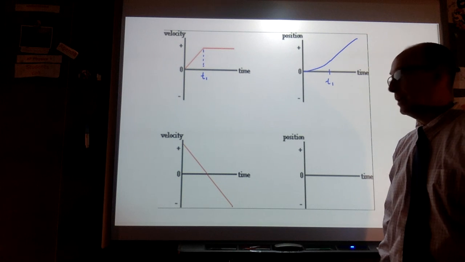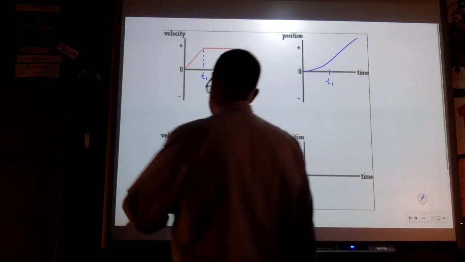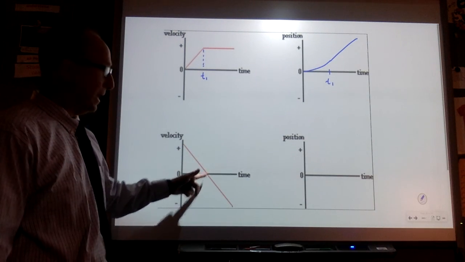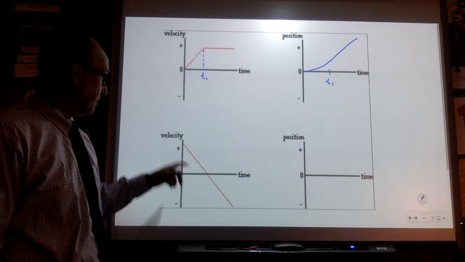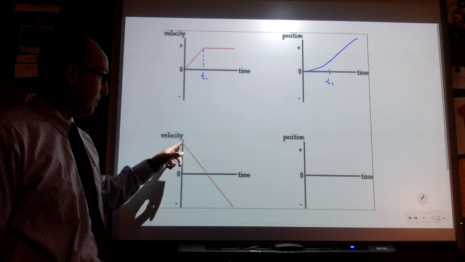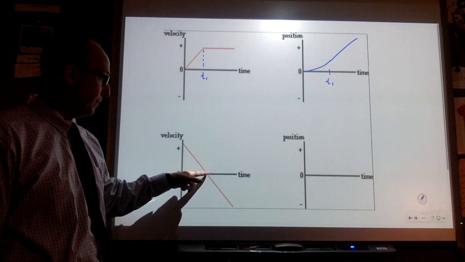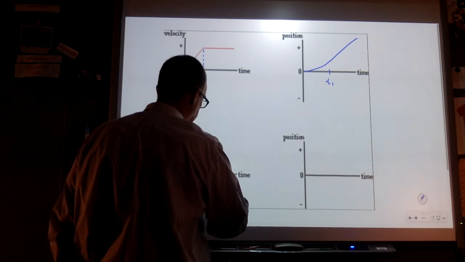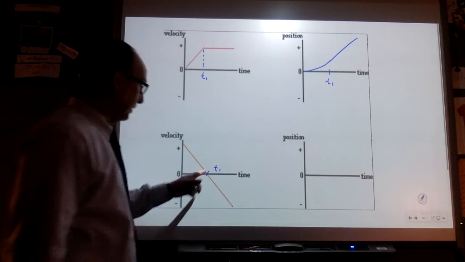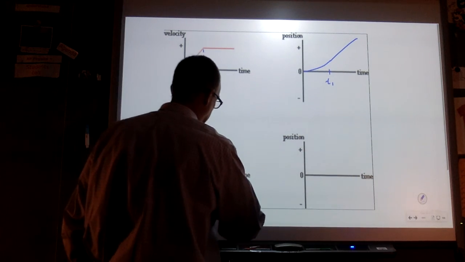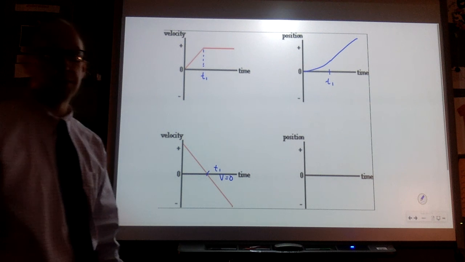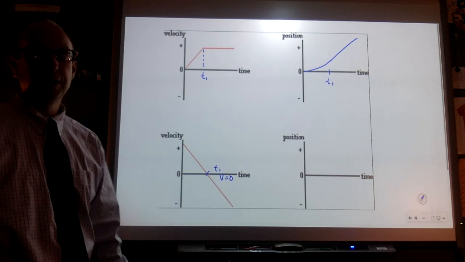In the second one, I have a velocity that is decreasing down to 0. So that means from here down to there, it should be getting less and less steep. At this point, which again I'll call T1, the velocity is 0. This object has momentarily come to rest, changed directions.